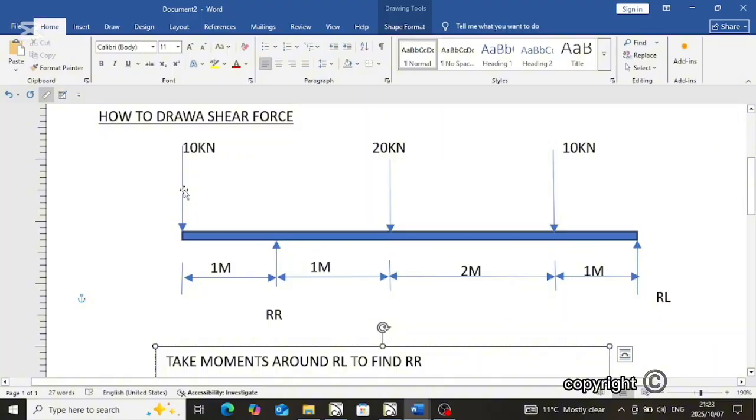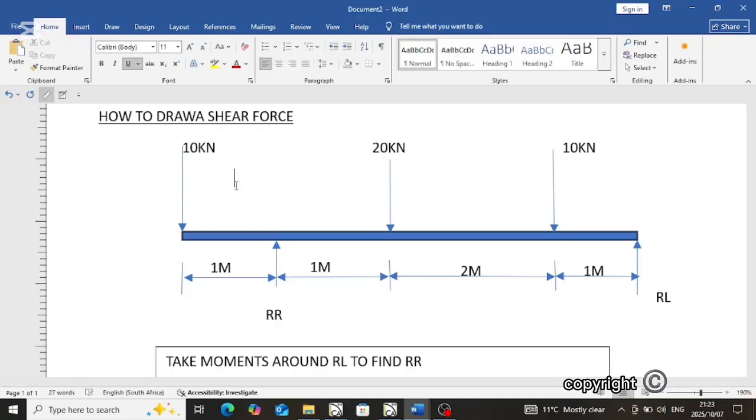So let's see, I'm moving this 10 kilonewton. I will write it as an anti-clockwise force. This is an anti-clockwise force. Let me do it in this way, anti-clockwise force, and this one will be anti-clockwise.